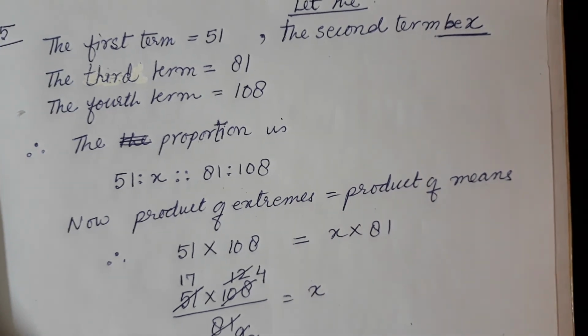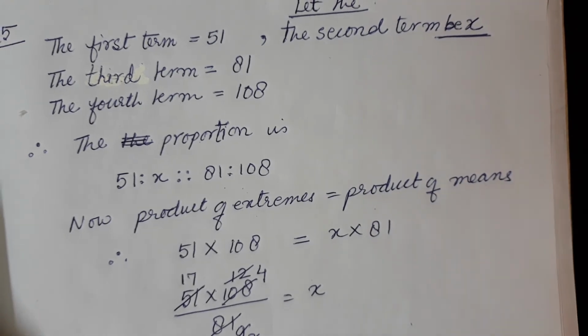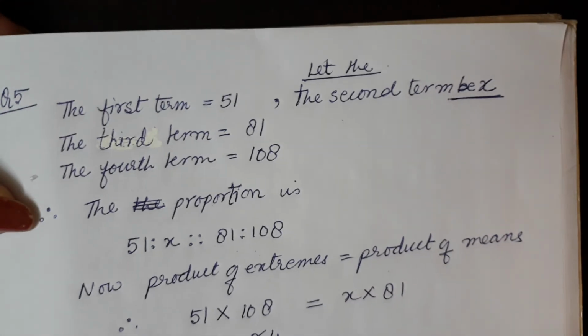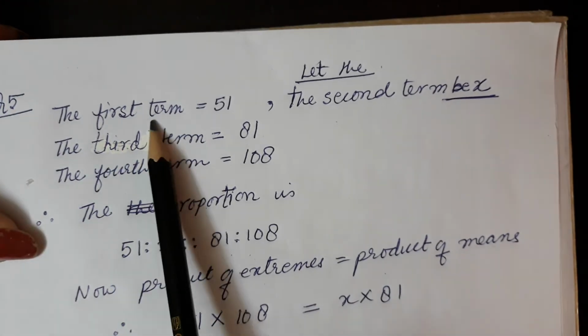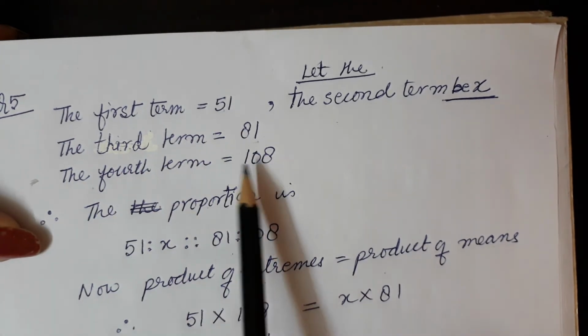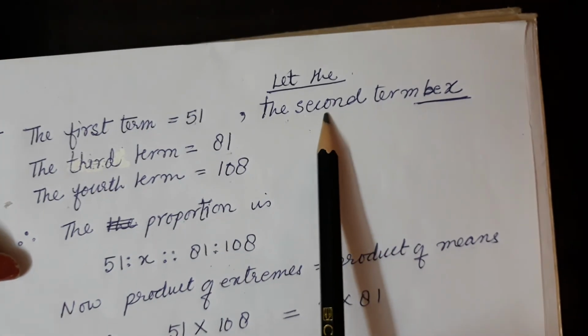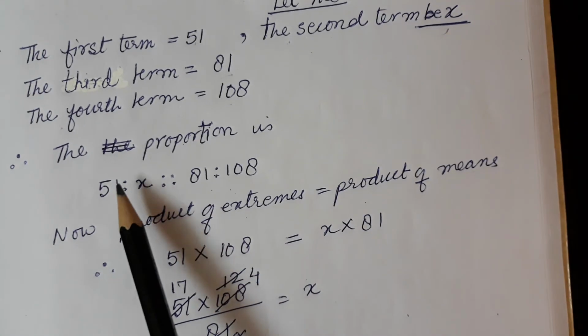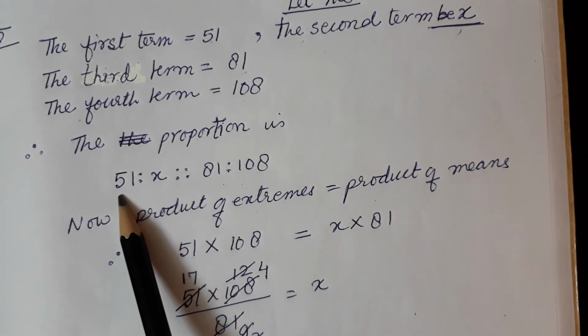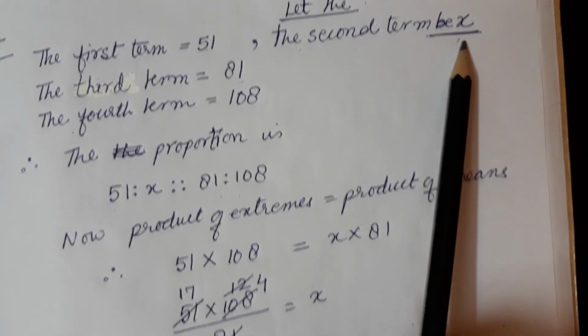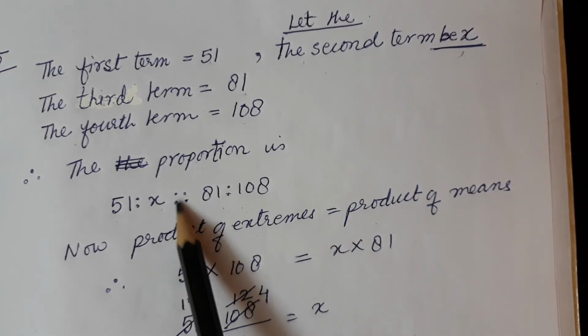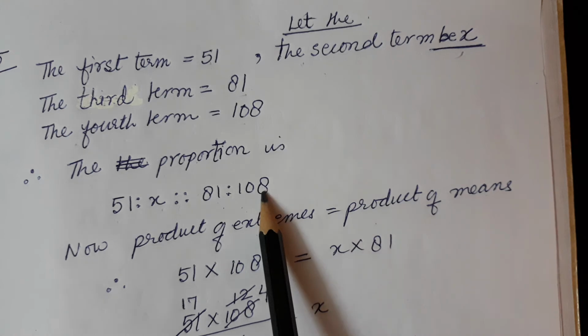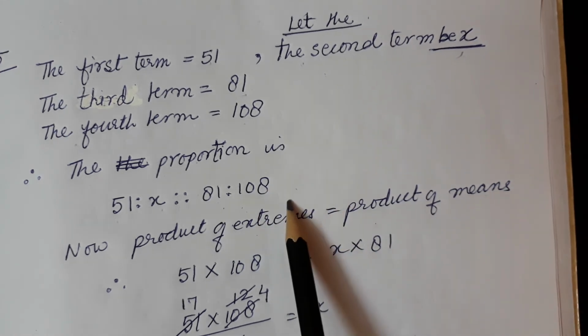So what do we do? We write the first term, the second term, and the fourth term. The second term we have taken as x. So the proportion which we will get is 51 as the first term, x as the second term, 81 is to 108 according to the given question.